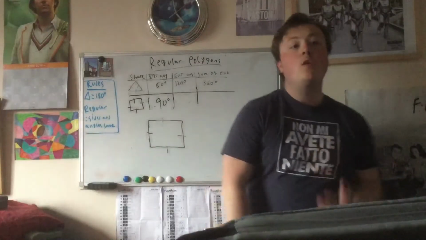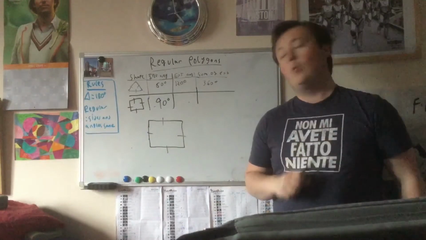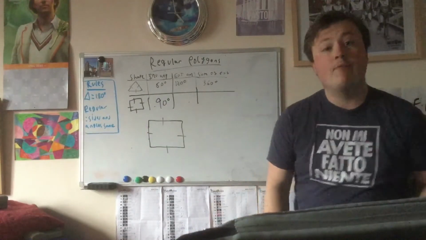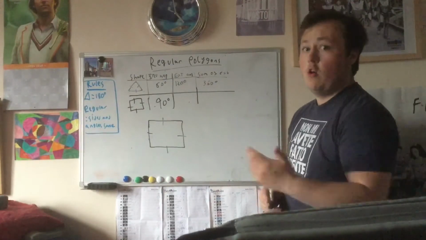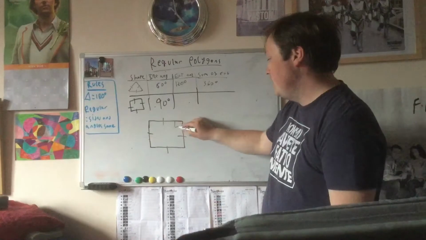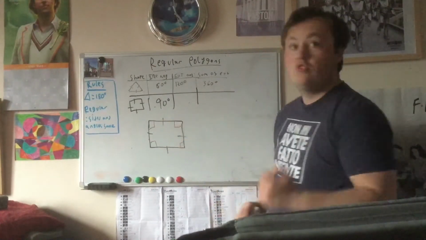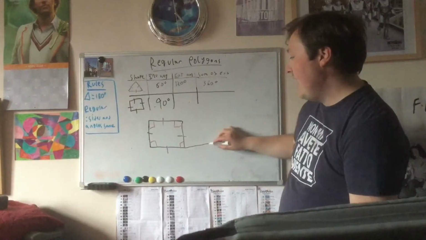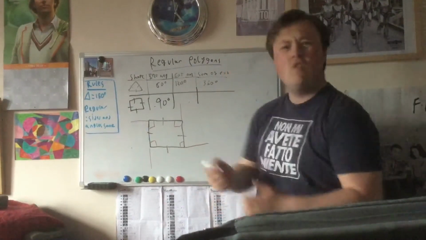Now let's do one with a regular quadrilateral, or as other people like to call it, a square. So, how do we do it? Well, we know what the interior angles of a square are because we did it yesterday. They're all 90 degrees, also known as right angles. So what do we do? We extend the sides one way or another.